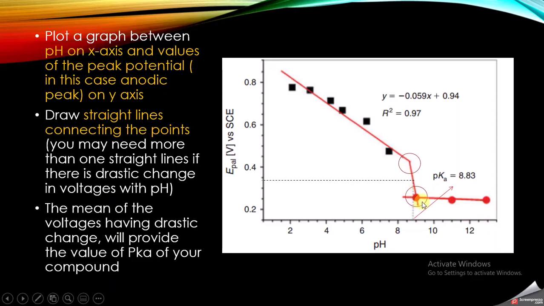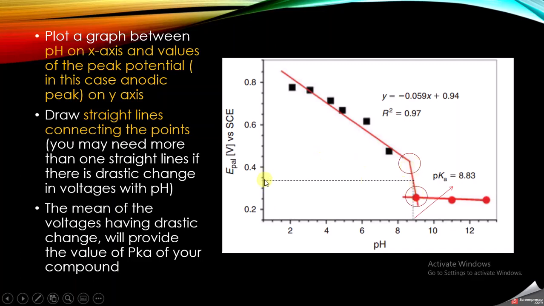Once we have the straight lines drawn, I will draw a straight line for these points separately and for these points separately. Once you have two straight lines, you take the mean of the last point of the first straight line and the start of the second straight line, taking the mean of the potentials at these two points.